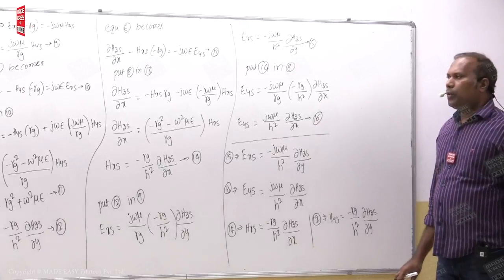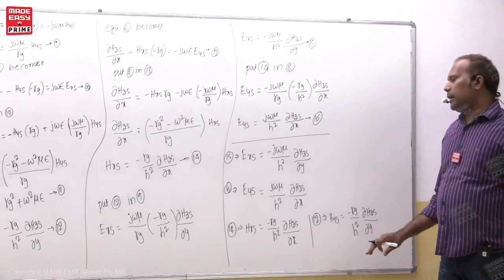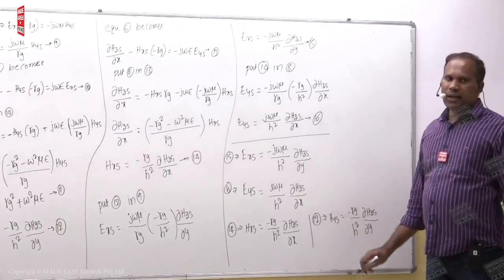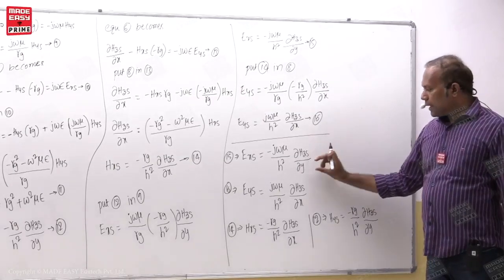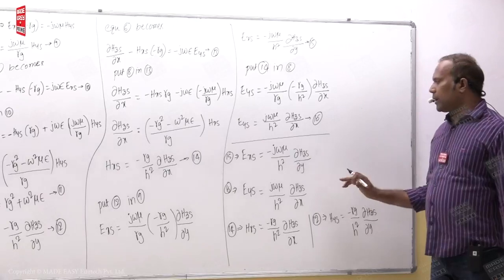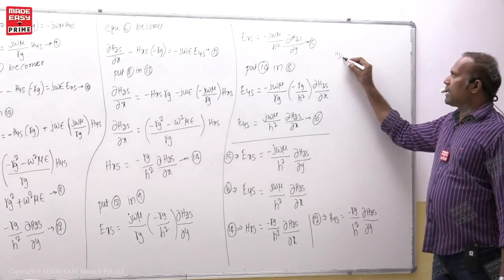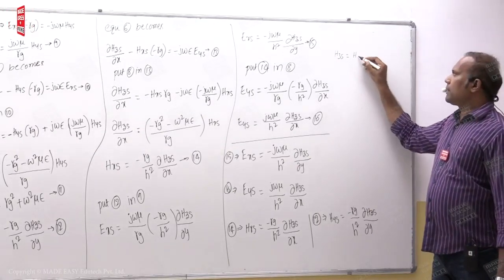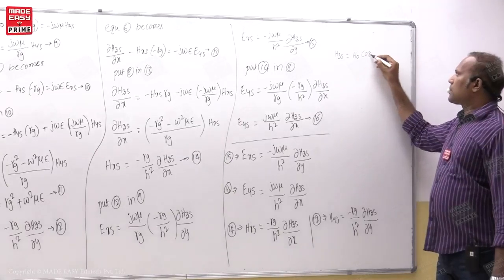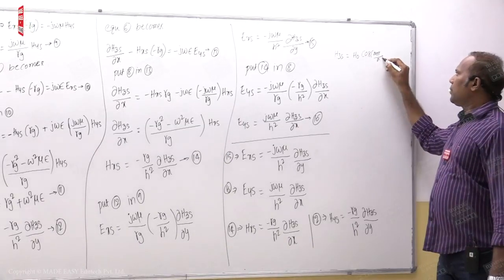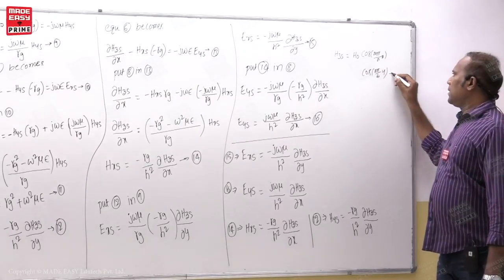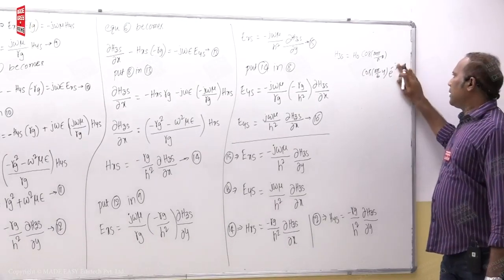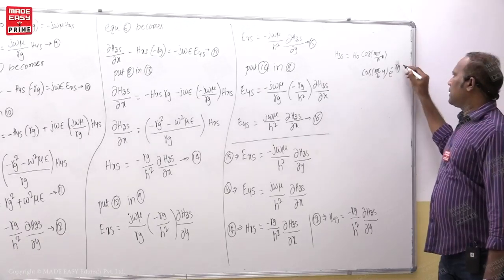Now we have to solve the Hz equation. If we solve the Hz equation and substitute here, we get the quantities. After solving the Hz equation, we get H0 into cos m pi by a into x, cos n pi by b into y, e power minus gamma g into z.